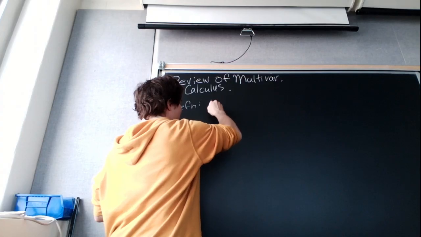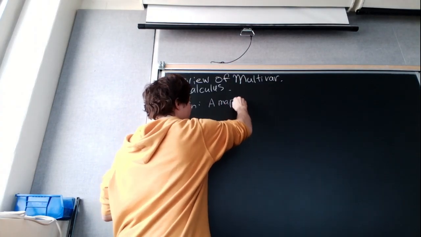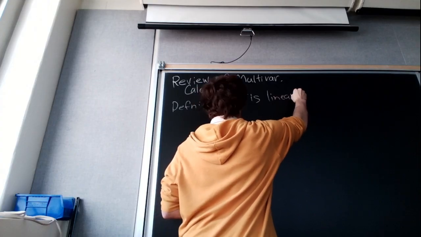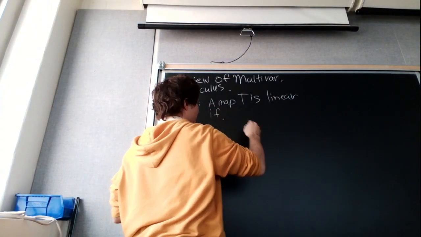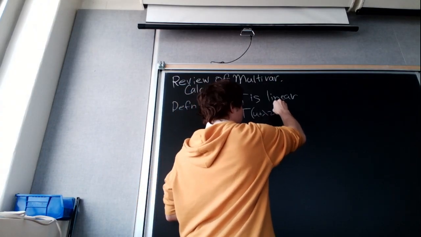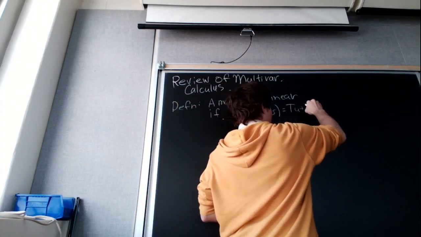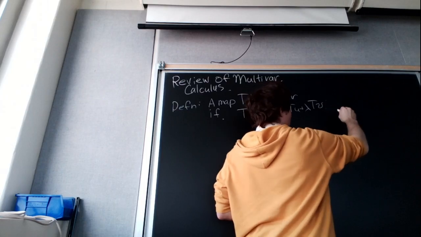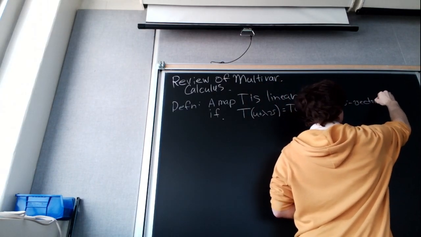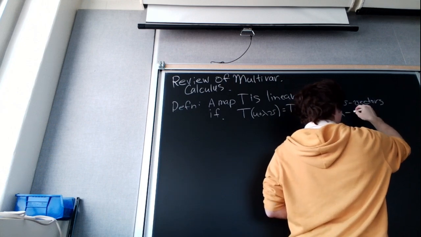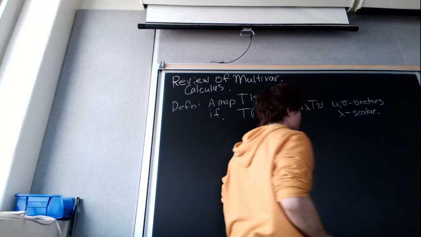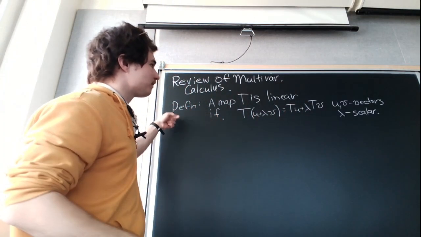A map T is linear if it satisfies the property that T of u plus lambda v is equal to T of u plus lambda T of v, where u, v are vectors and lambda is a scalar or a number, whatever you want to call it.